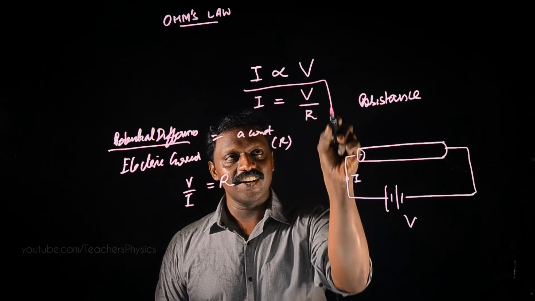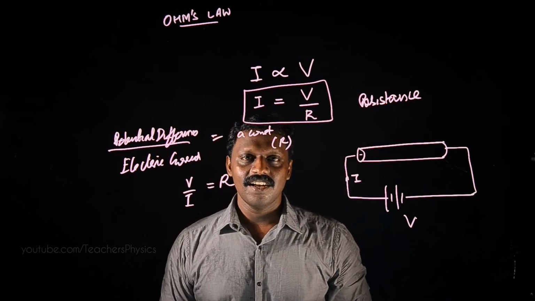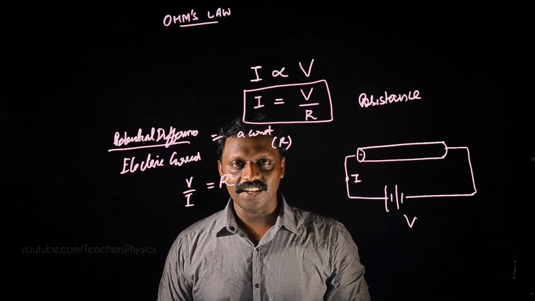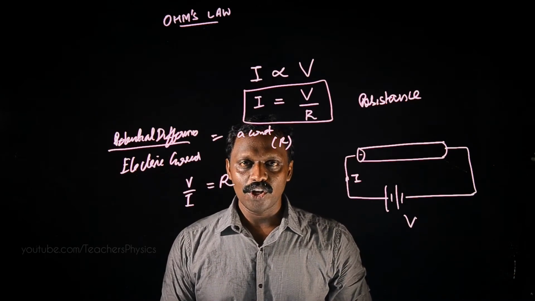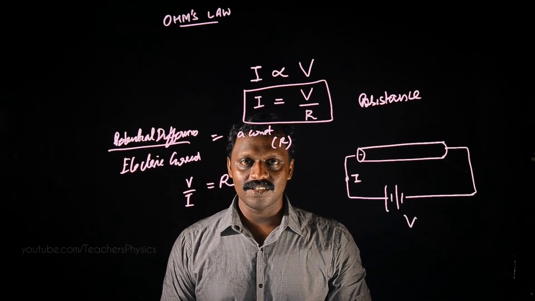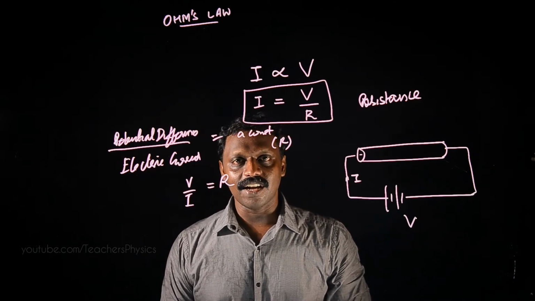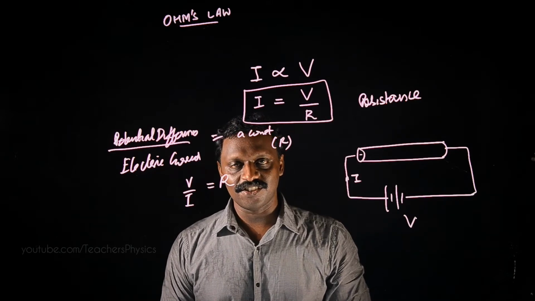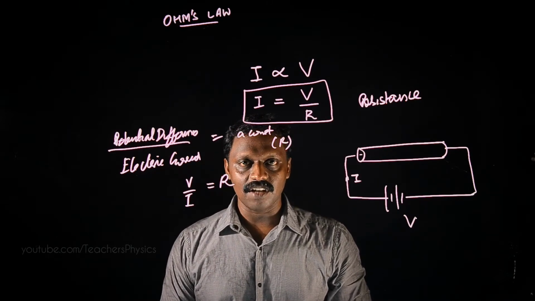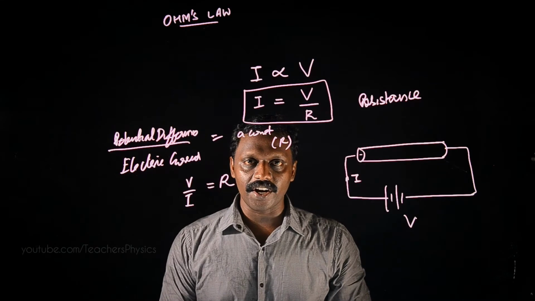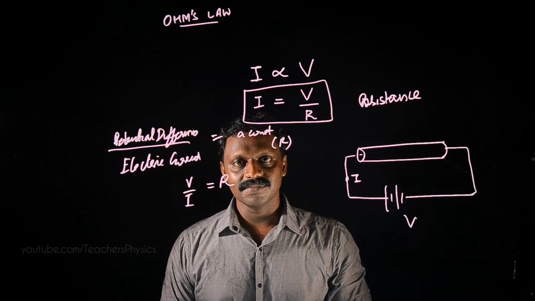From this relation, it is obvious that electric current flowing through a conductor is directly proportional to the potential difference across the ends. So if the potential difference across a conductor is doubled, the current flowing through it also gets doubled. If the potential difference is halved, the current flowing through the conductor also gets halved.